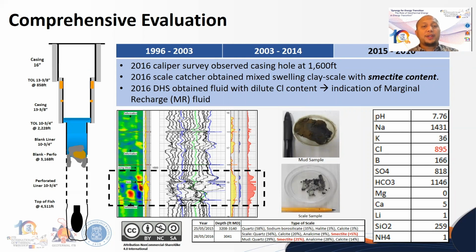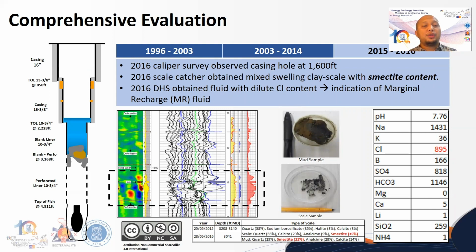And based on this information, we continue to investigate the situation of Awi-4 wellbore by conducting scale catcher in 2016, and we obtained sample of mixed swelling clay with scale with smectite content, which was not observed on the previous scale catcher program in 2012.